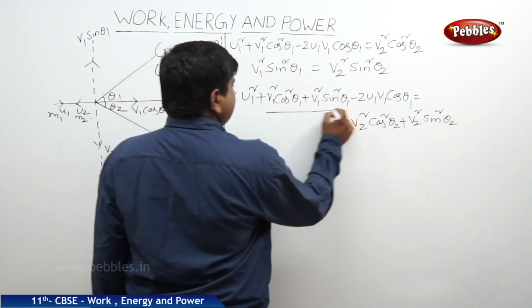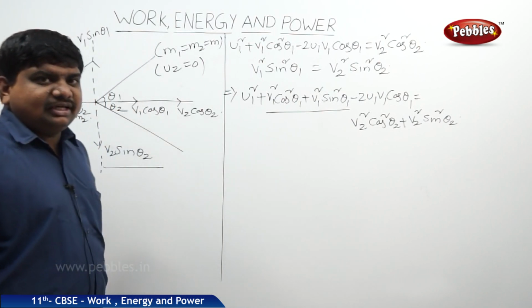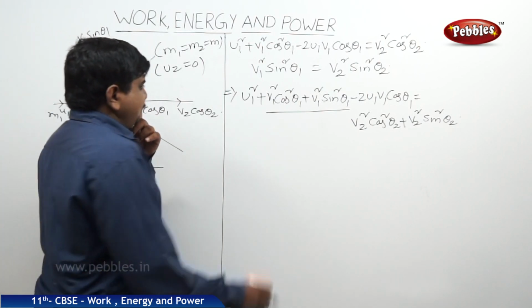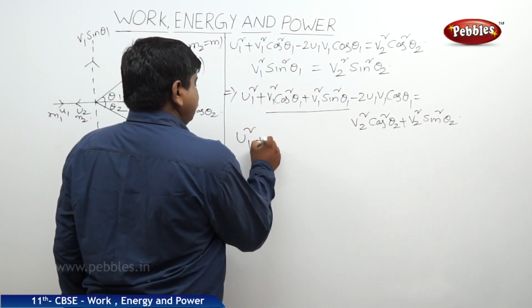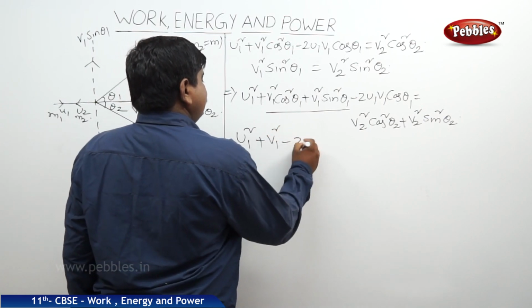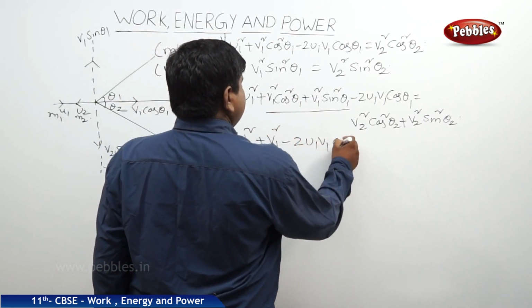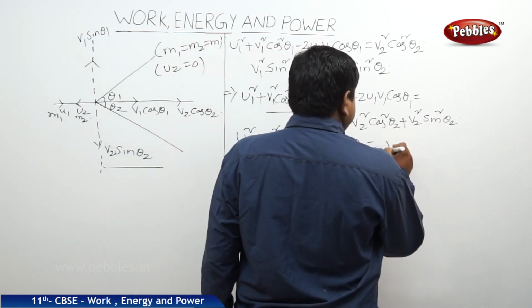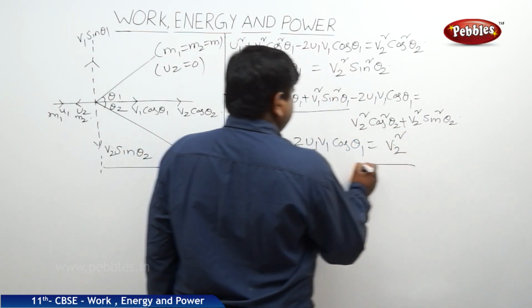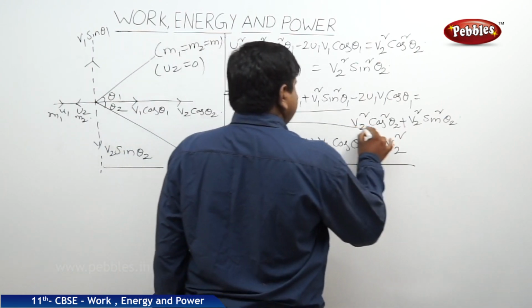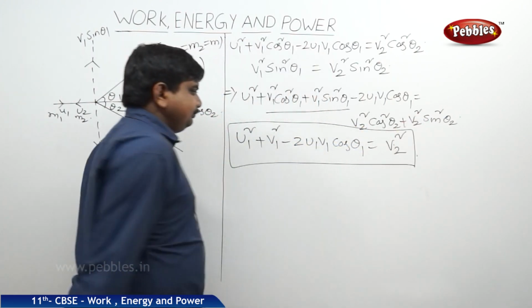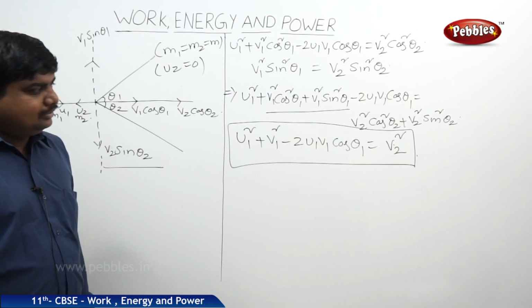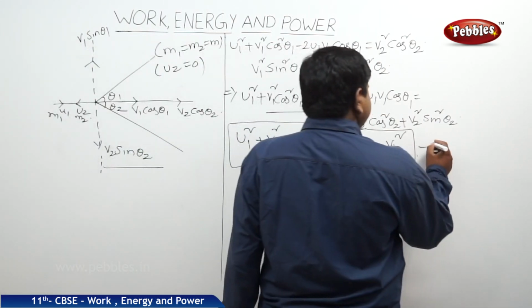As we know that sin square theta plus cos square theta is equal to 1. So therefore u1 square plus v1 square minus 2u1 v1 cos theta 1 is equal to v2 square. Let us say this is equation number 3.